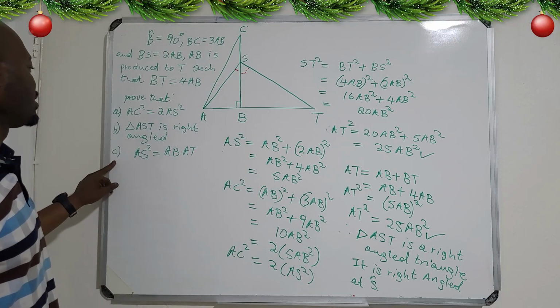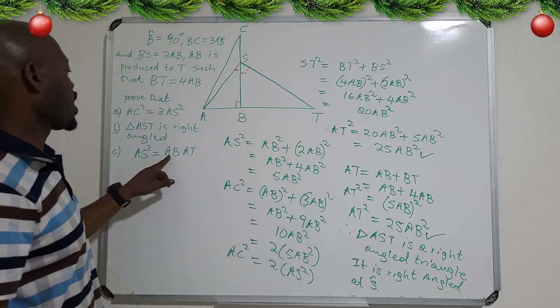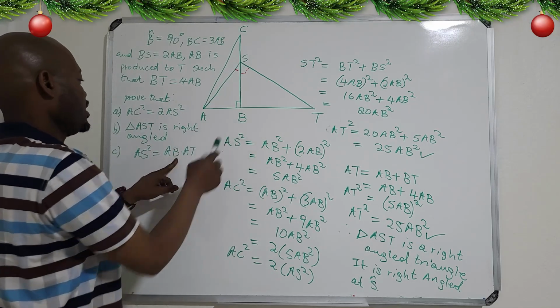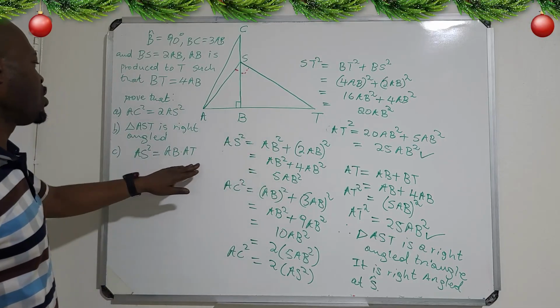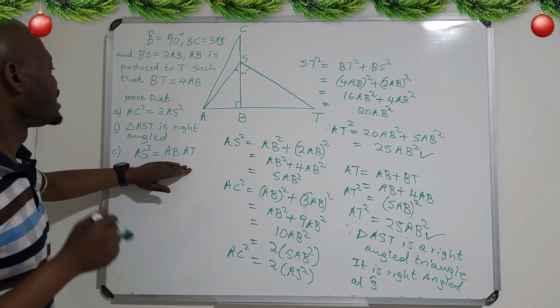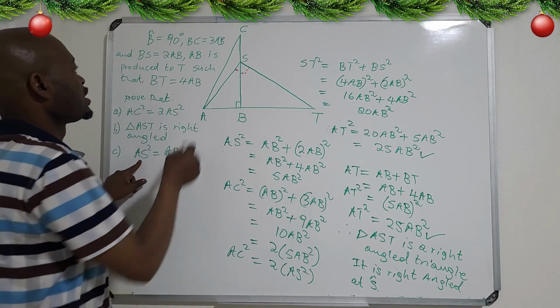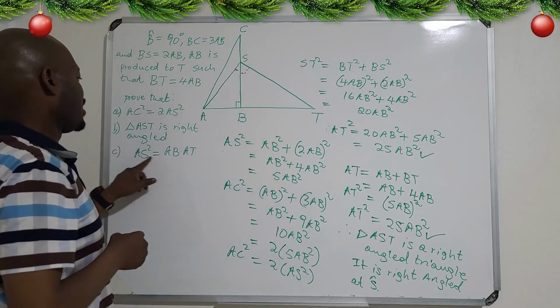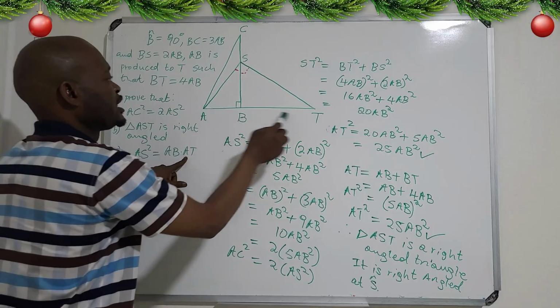Now, C, they say that we must prove that AS squared is equal to AB dot AT. Now, when we have something of this kind, we need to prove similarity. Since I've got AS, there's my AS, I've got AB, there's my AB, I've got AT.